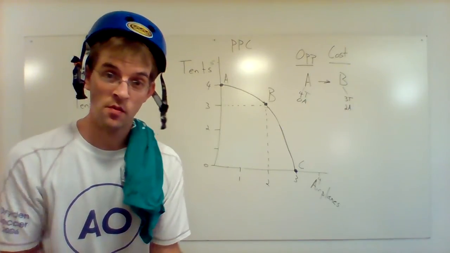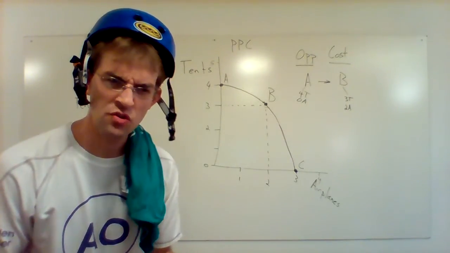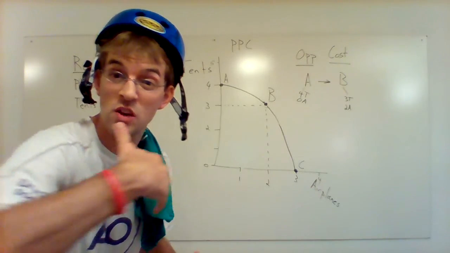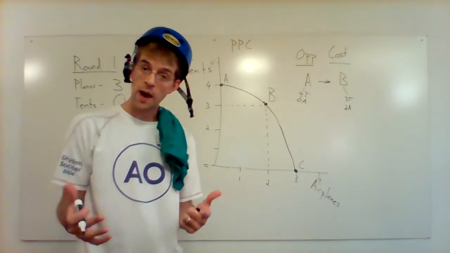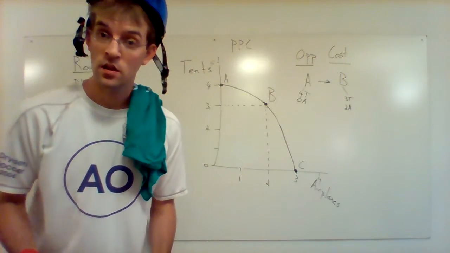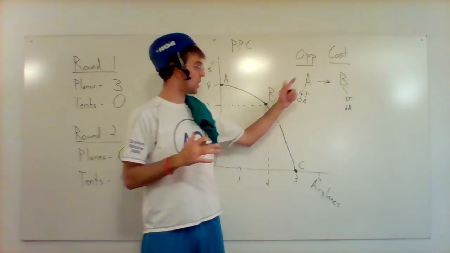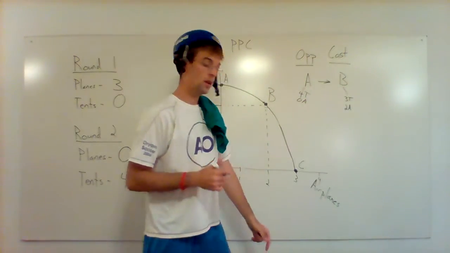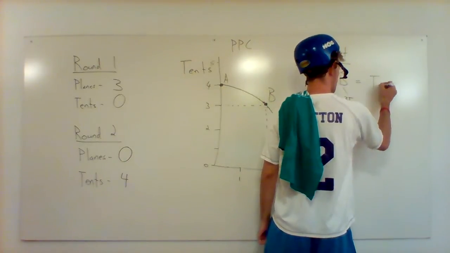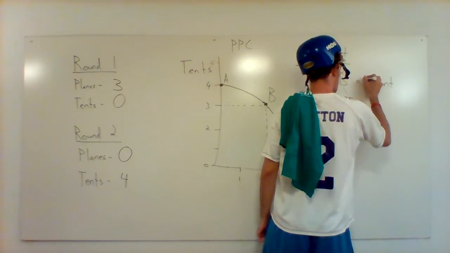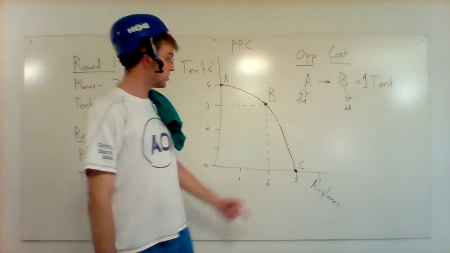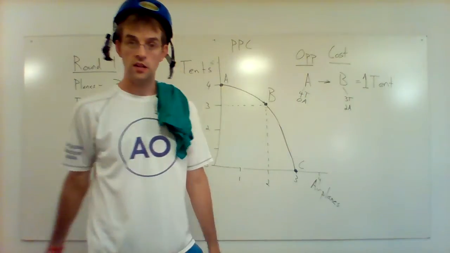Looks like the airplane number. It went from 0 to 2. Did you give up any airplanes? No, you got those. That's what you decided to make. But what happened to your tenth numbers? Went from 4 to 3. So that means your opportunity cost from going A to B is going to be 1 T, 1 tenth. That's how much you gave up. So yeah, you got 2 airplanes, but you had to give up a tenth to do it.